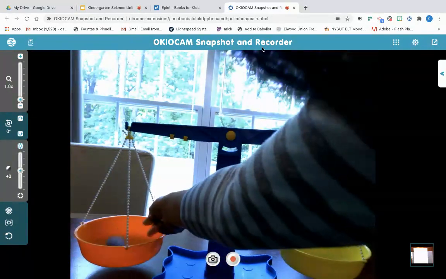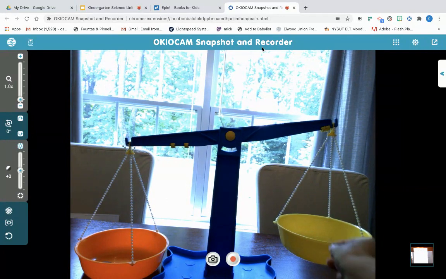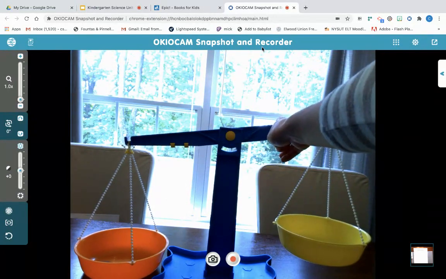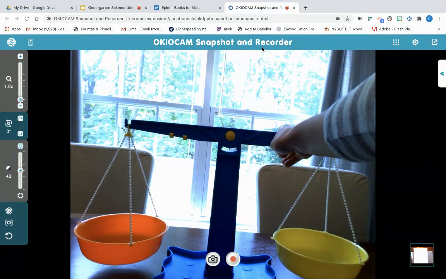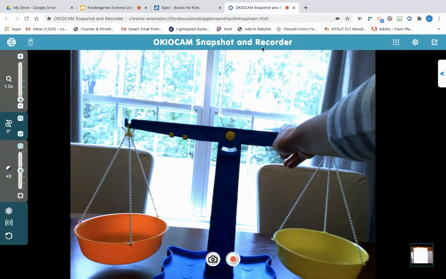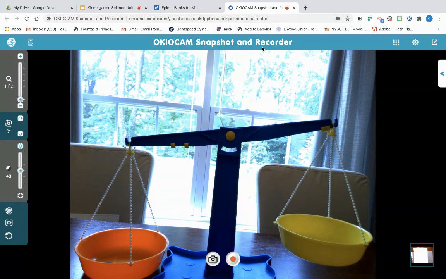Let's see how many paper clips would be the same weight as that one shell. Count with me. When we see that the scale balances out like this, we'll know that the weight of the shell is the same as that many paper clips. Here we go.